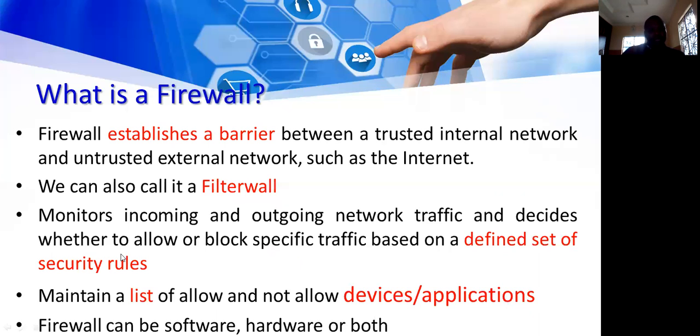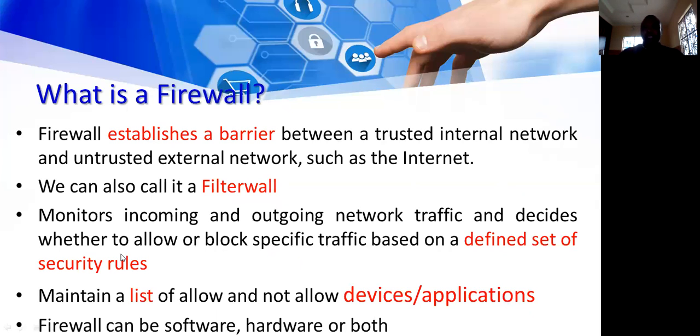Okay. Then firewalls also maintain a list of allowed and not allowed devices or applications. We can see here that I did not just say devices. It can also deal with applications. So if you remember your OSI model, where you start from the physical layer, you go to the data link layer until you get to the application layer, you will remember that at the data link layer, we can communicate using MAC addresses.